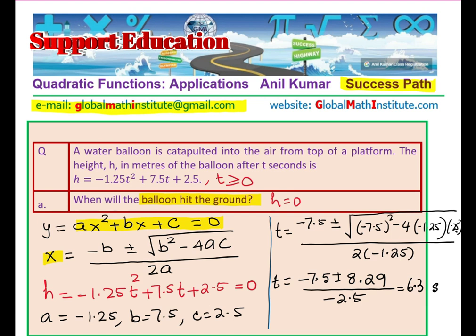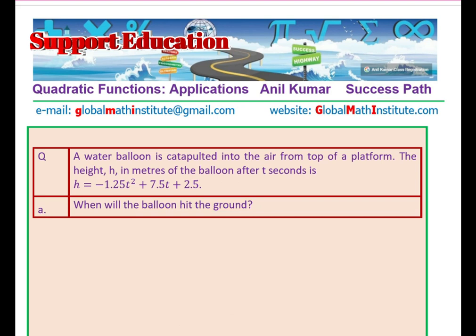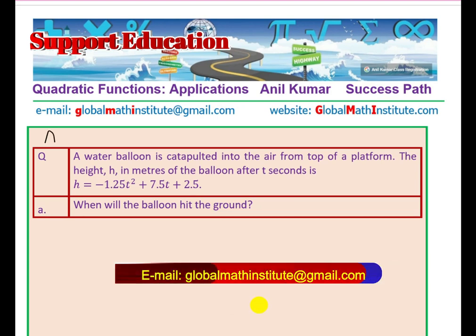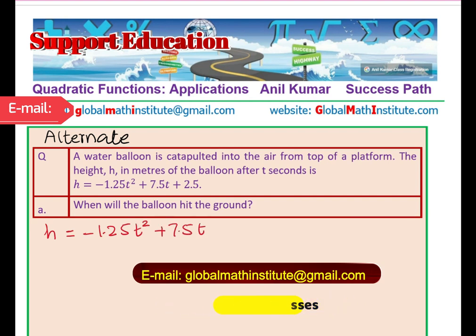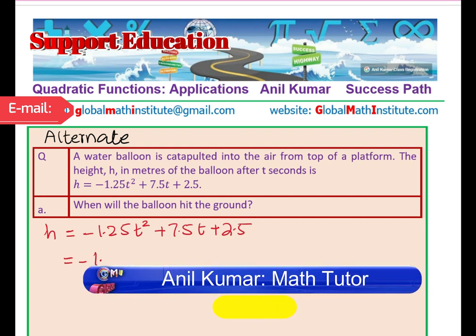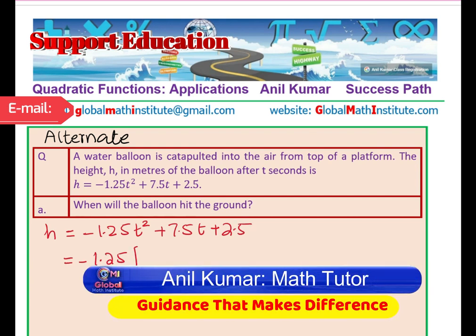Now, as I was talking about, let's look into the alternate way of doing it. I'll show you the alternate method. You'll really love it. In the given equation, h equals minus 1.25t squared plus 7.5t plus 2.5, we could take minus 1.25 as a common factor and see what happens to the equation.